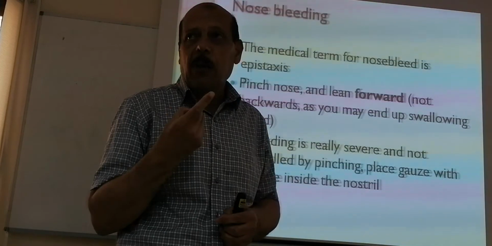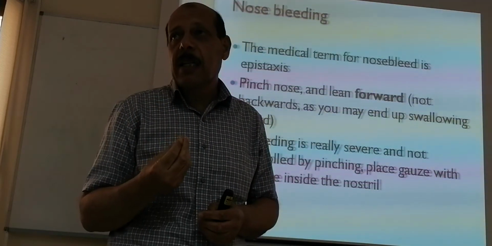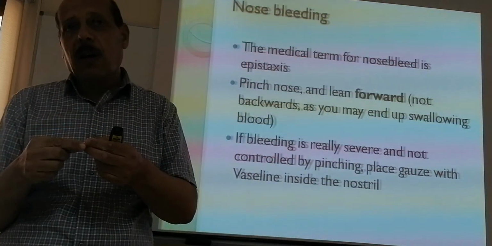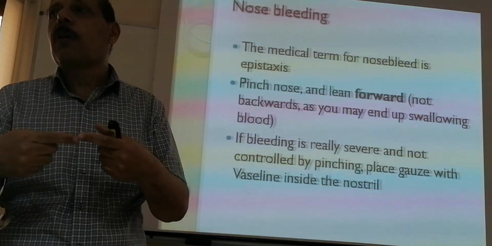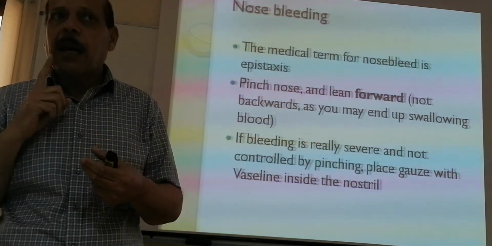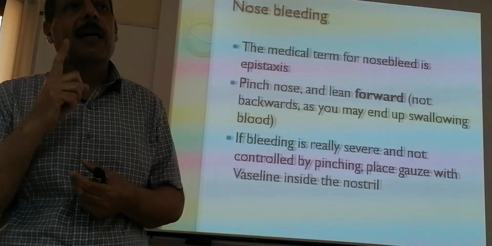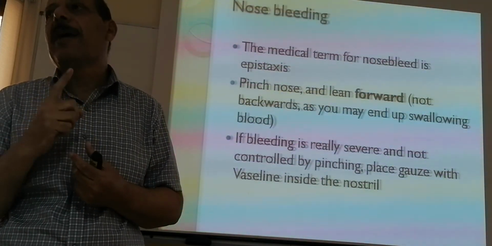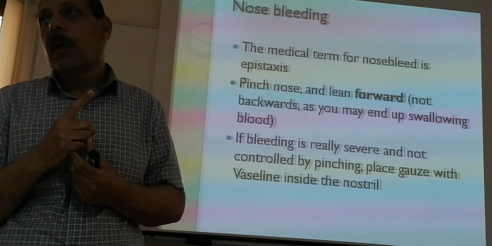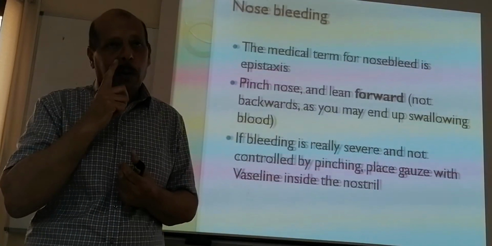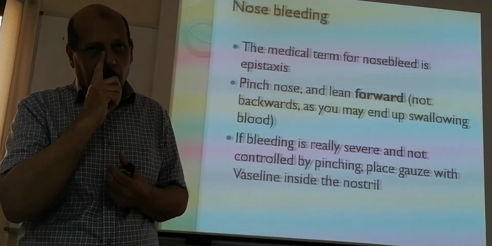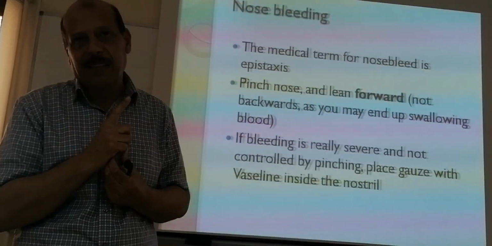So what we can do, if there is severe bleeding, we can use a piece of gauze and put over it Vaseline and insert it inside the nostril. Nasal packing, we call it. It will help in order to do compression from inside.